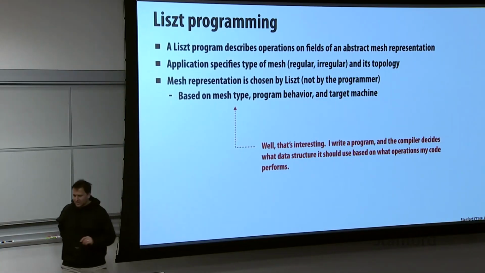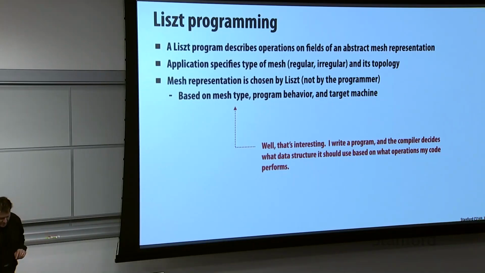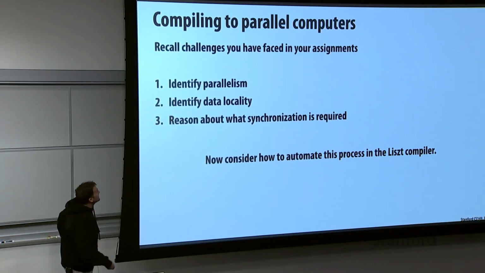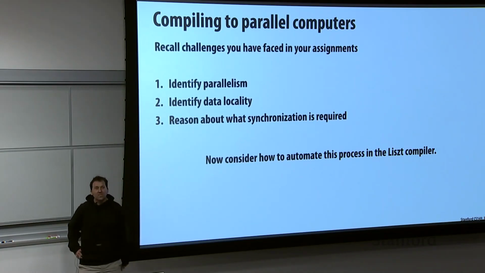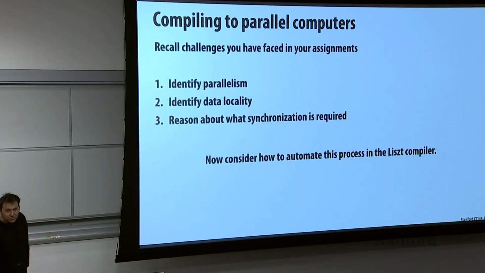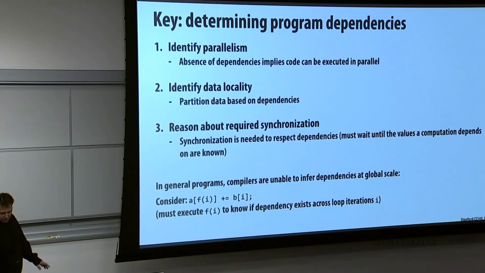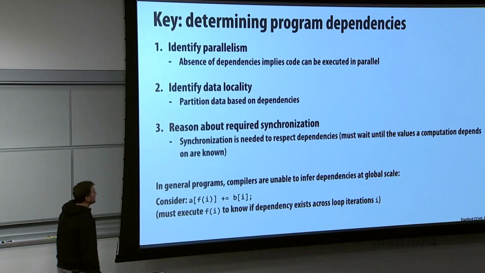Okay? And so let me give you some examples of that. What the compiler has to do, or really what you need, is for the compiler to identify parallelism. The compiler has to identify data locality. And the compiler has to reason about what synchronization is required. This is exactly what you've done in all of your programs so far.